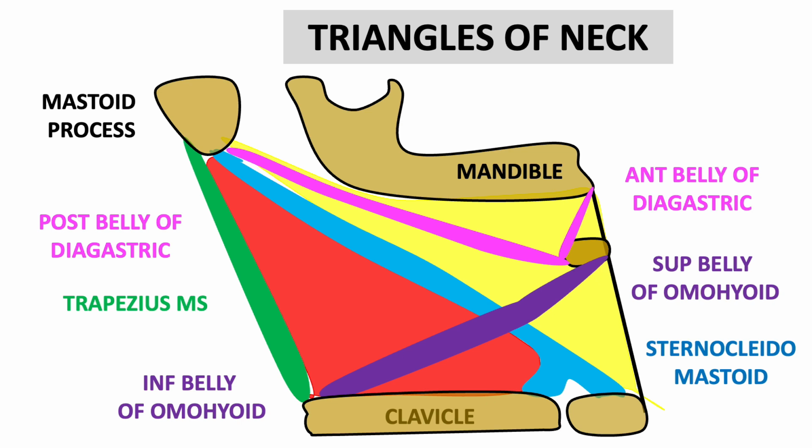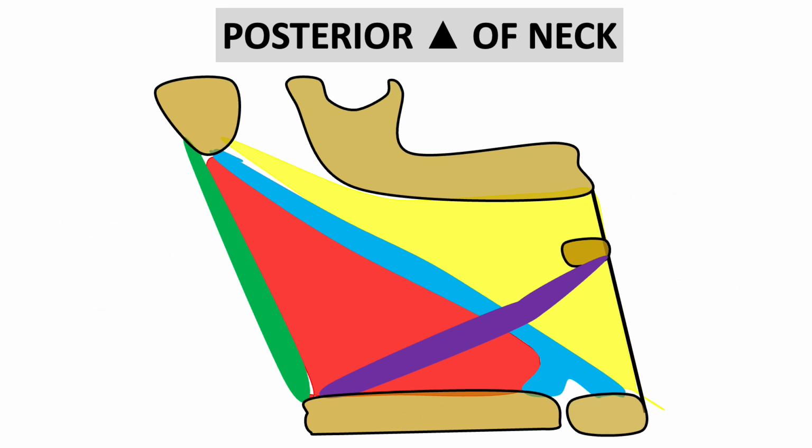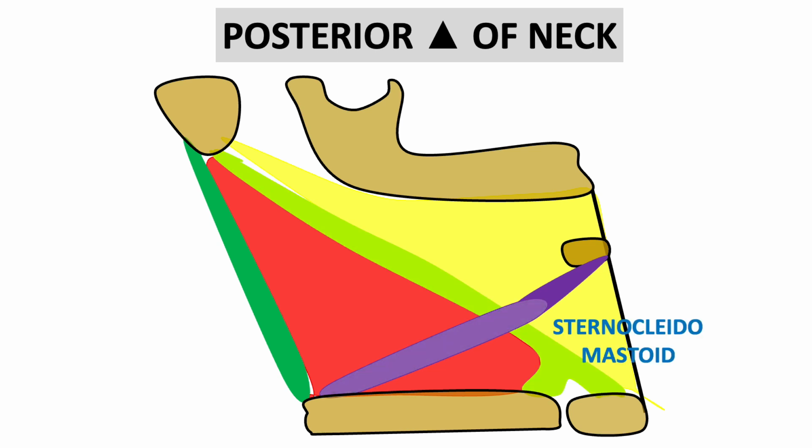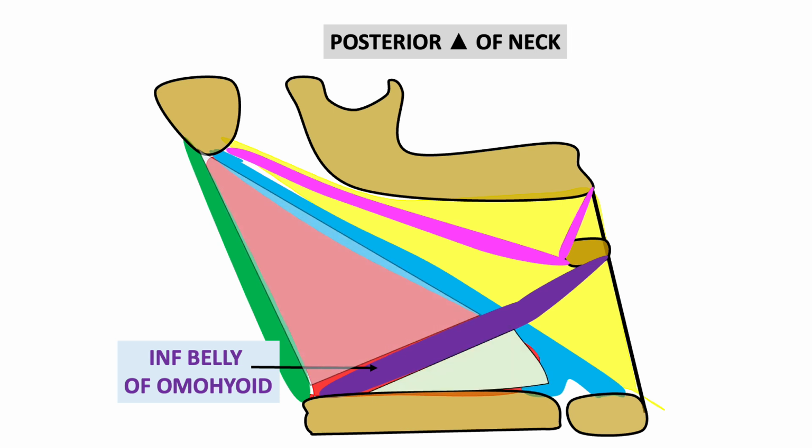Okay, now we are going to focus on the posterior triangle of the neck and remove the other extra areas. It is very clear that the sternocleidomastoid divides the triangle of the neck into the anterior and the posterior triangle. Now look at the posterior triangle. In the posterior triangle, the inferior belly of omohyoid divides the posterior triangle of the neck further into two triangles, one small triangle and one large triangle.